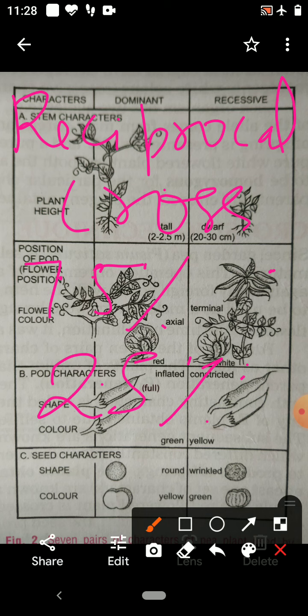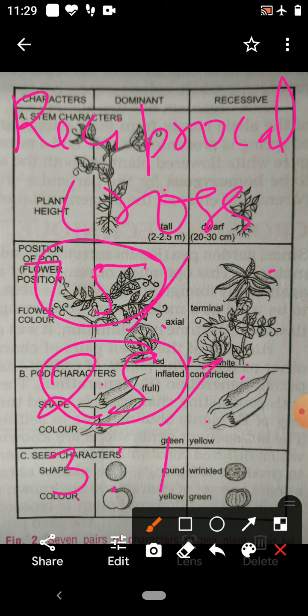It means if you make the cross between pure tall and pure dwarf, the ratio of tall to dwarf in the F2 generation is 3:1. Like this, if you take red flower and white flower, then also 75% in F2 generation are red, 25% are white, and the ratio is 3:1.